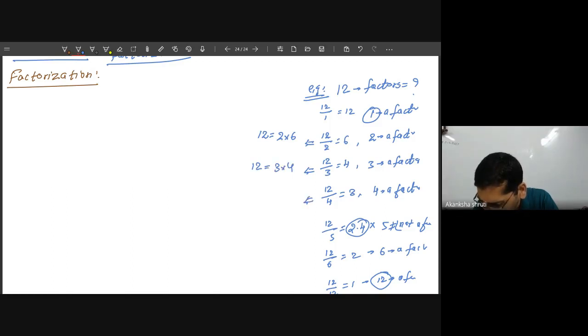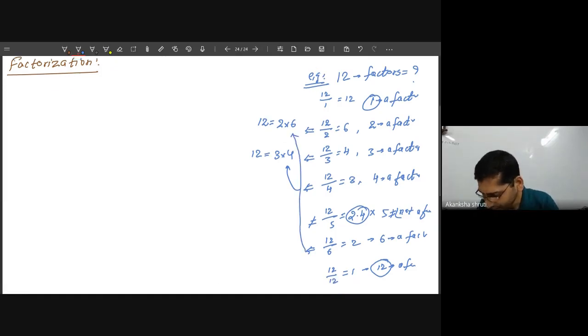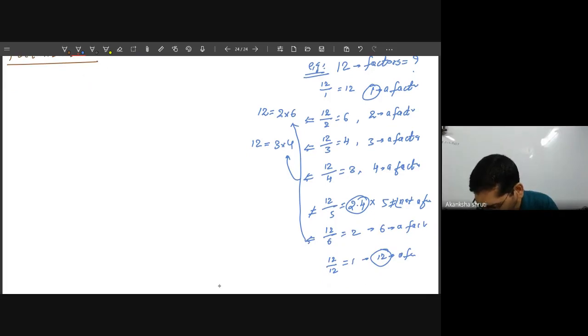Same, 4 into 3 or 3 into 4 mean the same thing. Observe carefully, this 12 is same as this one. Means this 12 is 1 into 12, or 12 into 1, or 1 into 12, mean the same.